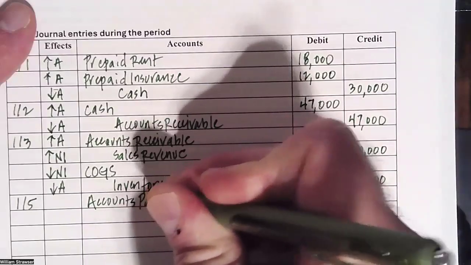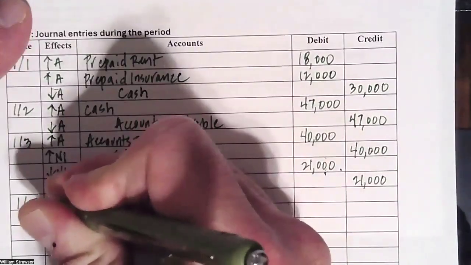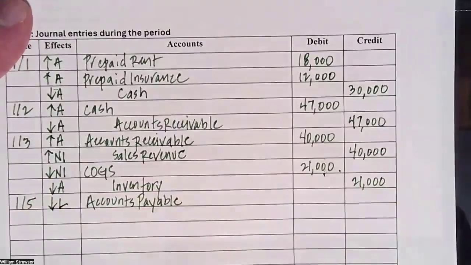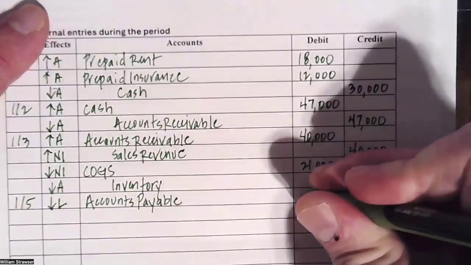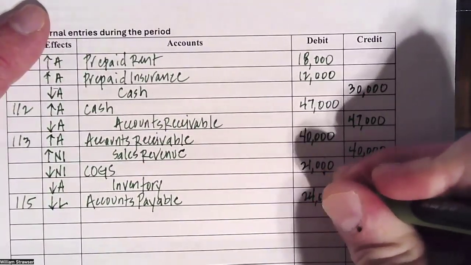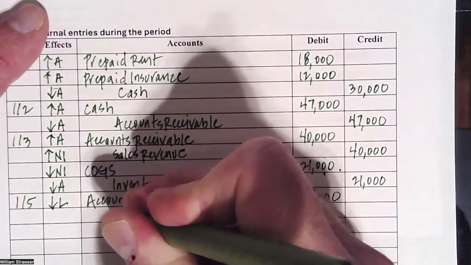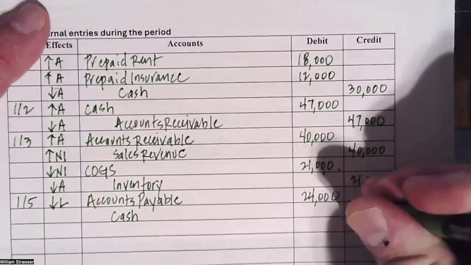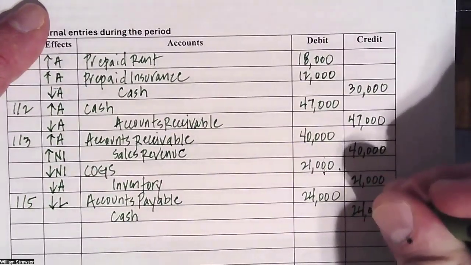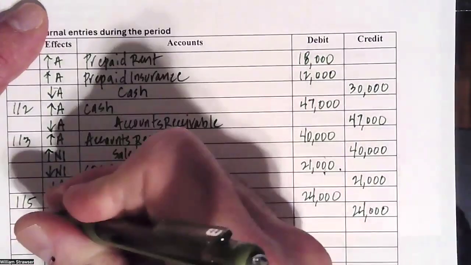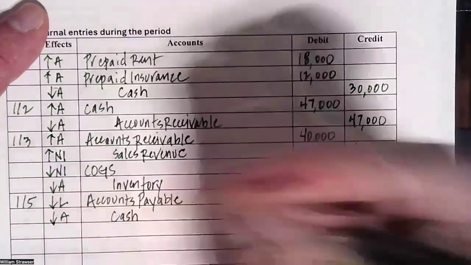And so that accounts payable should be reduced with a debit, reduces my liabilities, $24,000. And of course, I have to settle that out with cash as a credit, which means my assets are dropping.